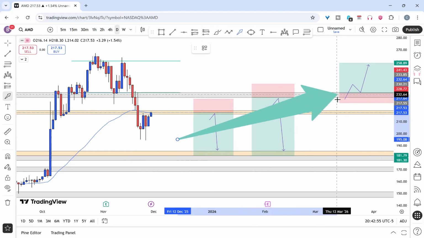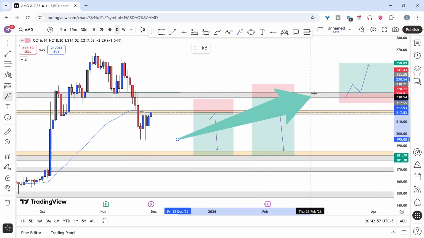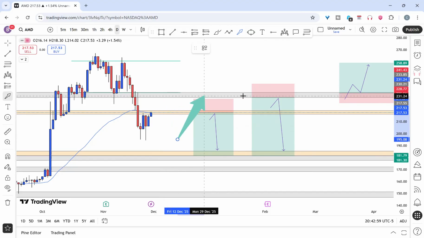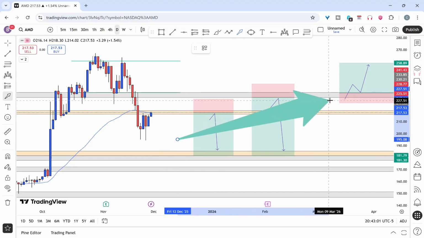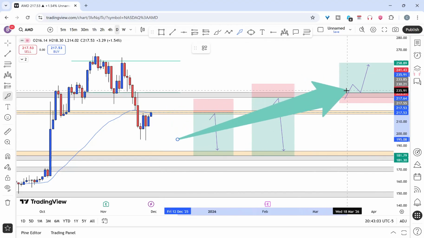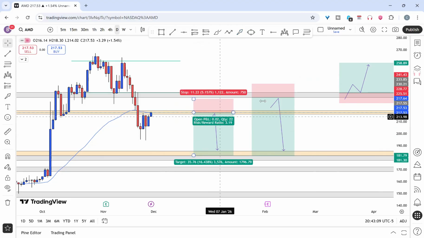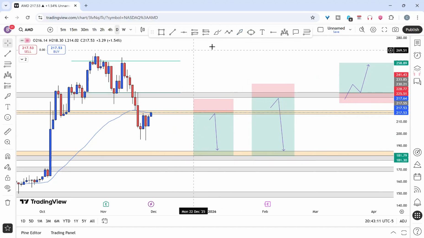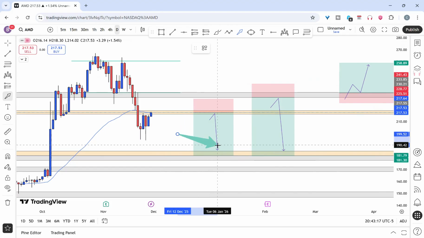But if this resistance level, the daily and the 4 hour, also breaks through, then we can consider it a bullish trend. Then obviously I will buy. But for right now, there are 3 options. If it rejects on the 2 hour and 1 hour resistance level, it comes back down.